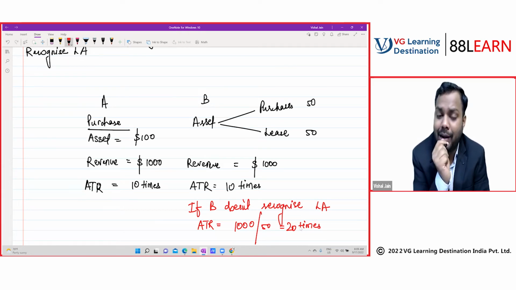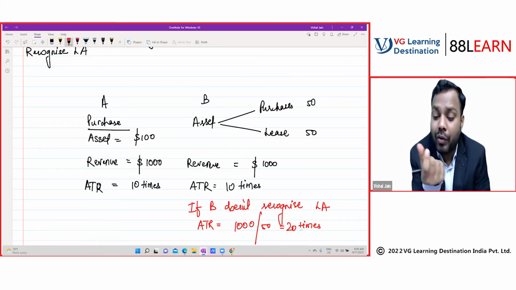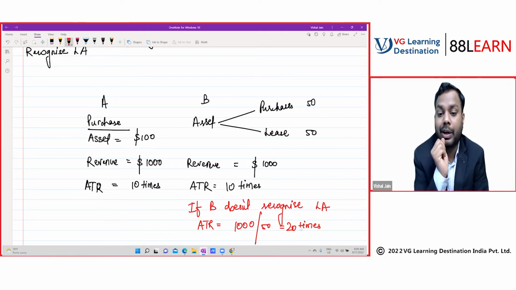If you are aware of Schedule 3 requirements in India, they have asked us to disclose a lot of ratios in the financial statements. The disclosure of accounting ratios was there internationally, and it is common in India now as well. So your ratio will improve just by changing one accounting treatment, and that was the reason why.